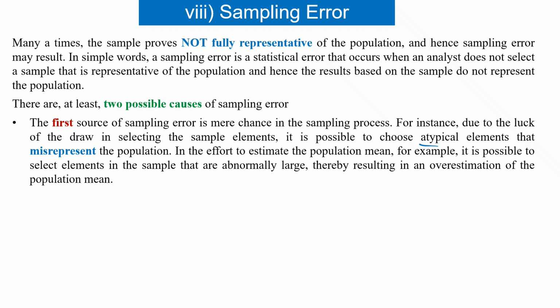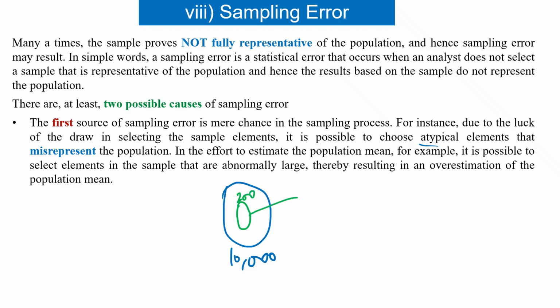What does that mean? For example, let's say you are interested in studying all the 10,000 students in a university, and you feel that it is not possible to collect data for all of them. So let's take a sample, and then you decide to take a sample of 200 students.